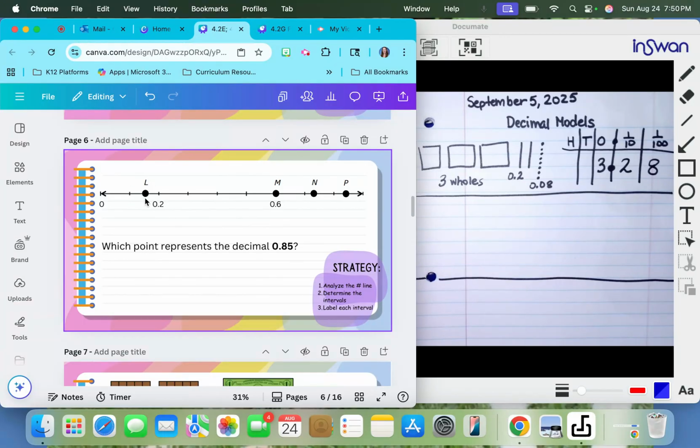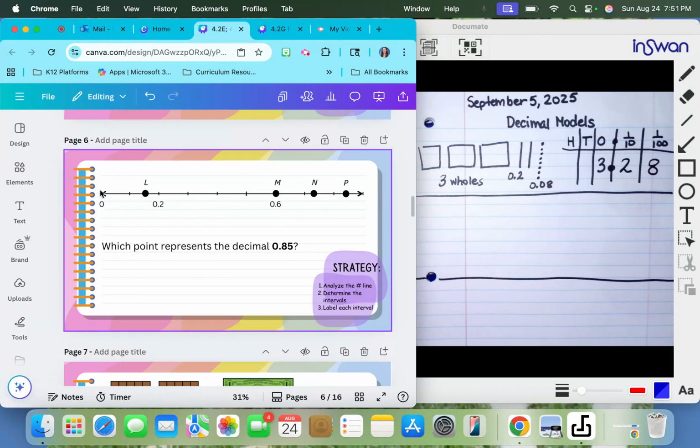Does each one of our interval tick marks count by tenths? Let's give it a try. If this is 2 tenths, I wonder if this starts as 1 tenth, because we have 0 here.